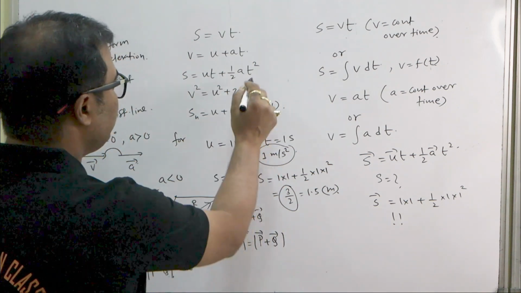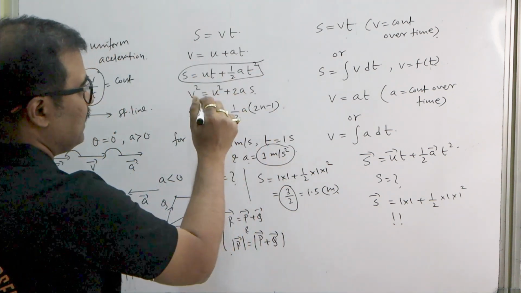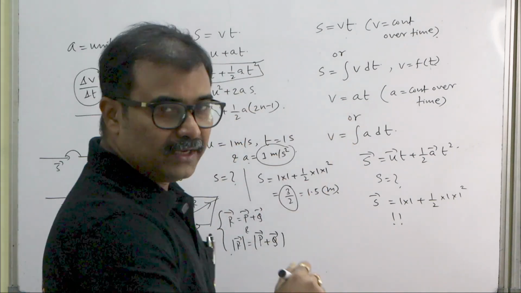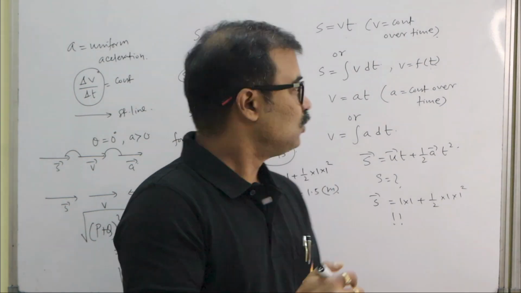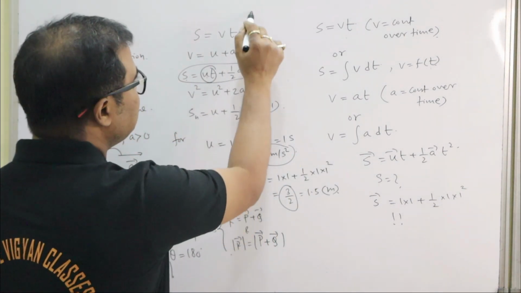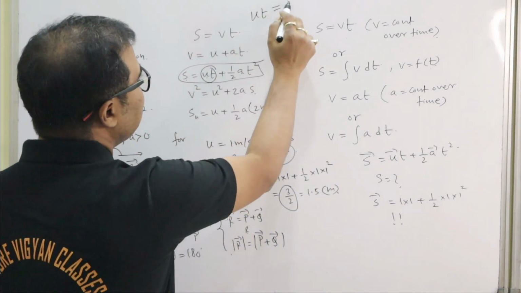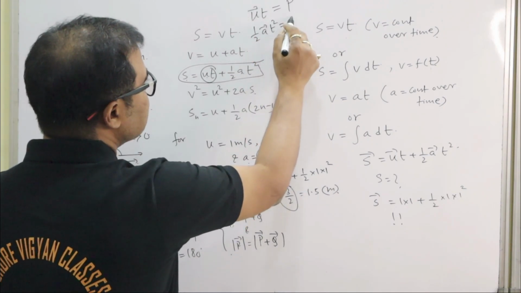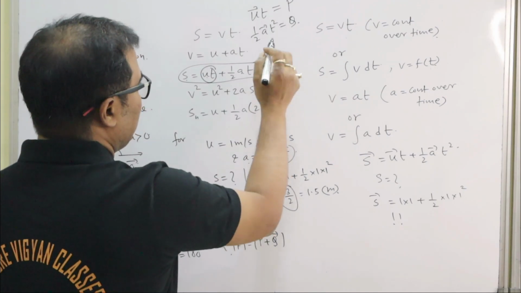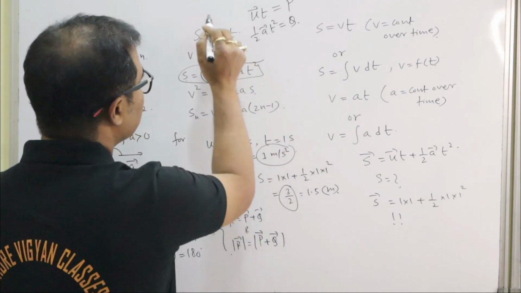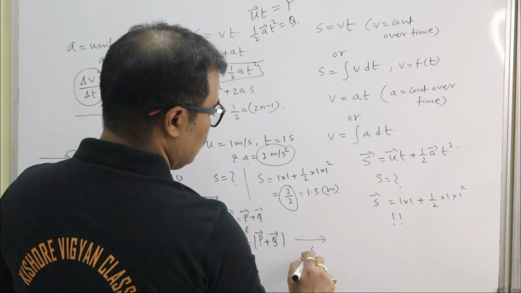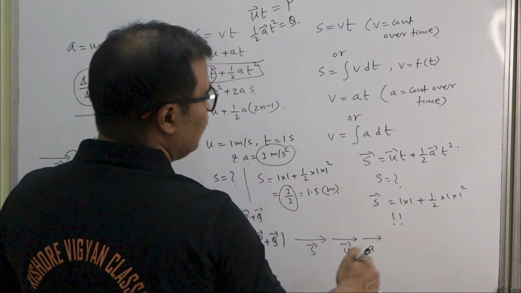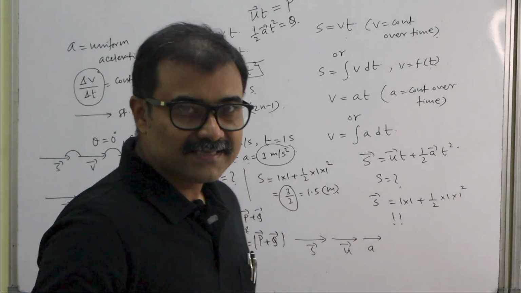So here also we have the same situation: U, A, S are all collinear. You can imagine Ut as P and half At square as Q. So S, U and A are all in the same line, the same direction.